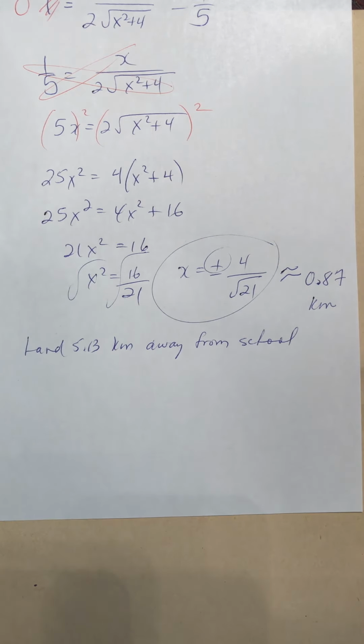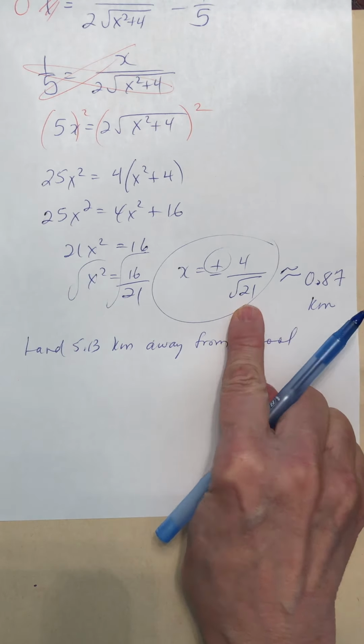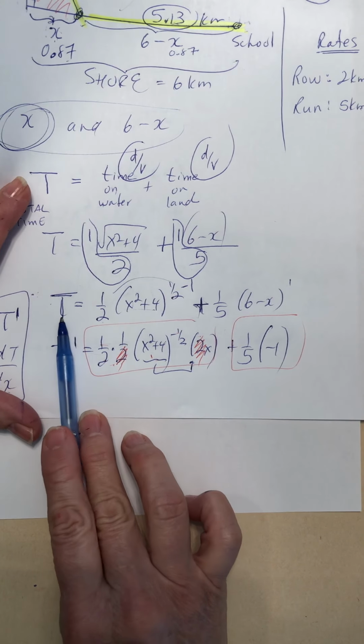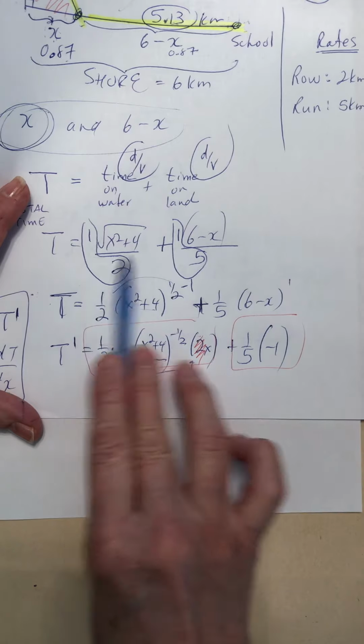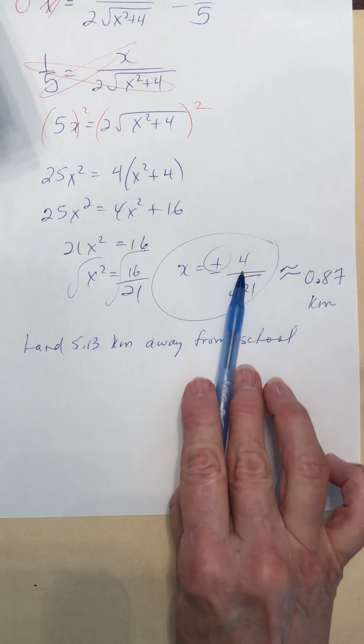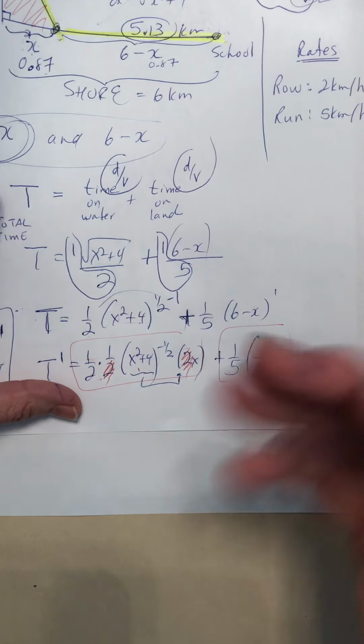Okay, if somebody asks you, how long would this whole thing take, by the way? Well, you would need your formula for time, right? Now you have the x value. So if you truly want to know the time it would take, go back to your time formula, and for that x, you could put in 4 over root 21. And you could work that out.